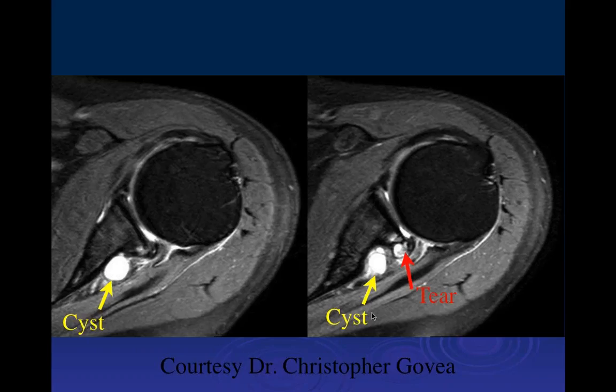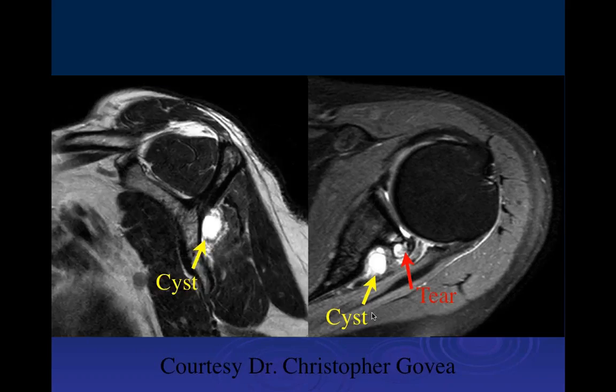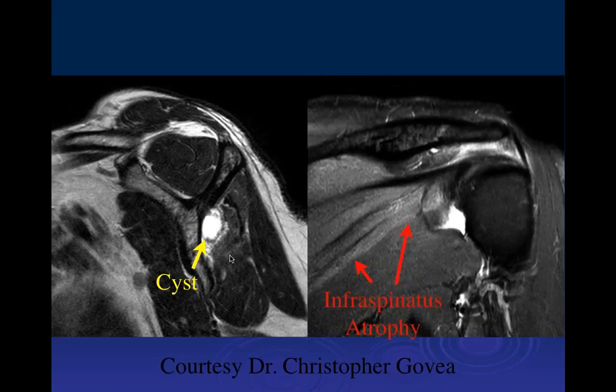On the sagittal images, I would want to evaluate the infraspinatus muscle to assess for atrophy or a denervation process. On this T2, there is some increased signal within the infraspinatus, which makes me concerned for neuropraxia related to suprascapular nerve impingement. And here's the PD fat set, and we're seeing some atrophy and edema in the infraspinatus.